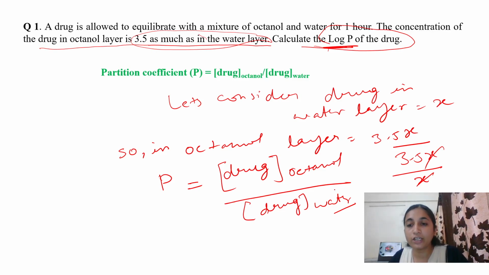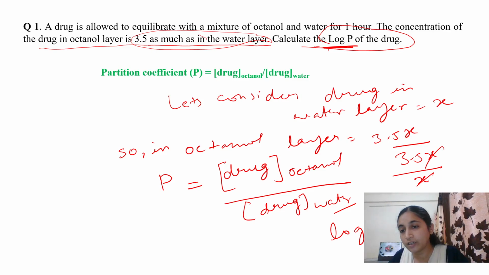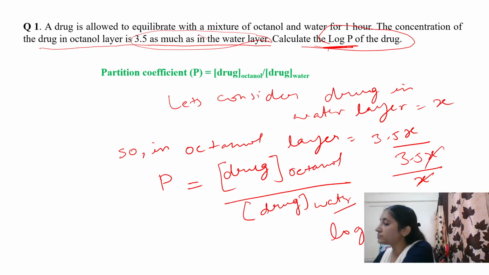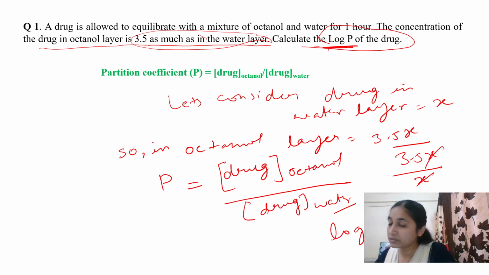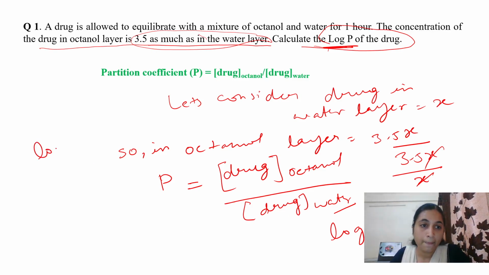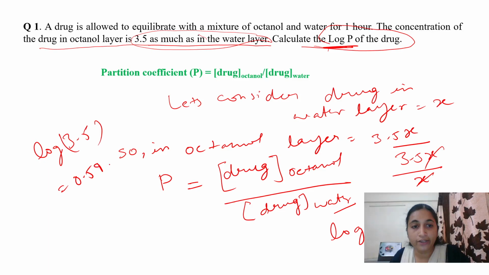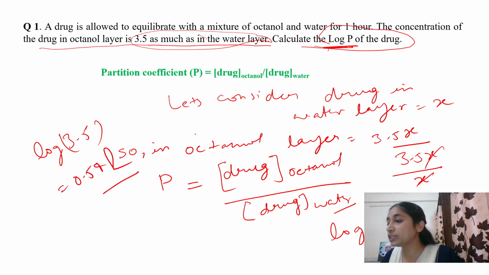They want us to calculate log P, so log P equals log 3.5. How much will it come? Log 3.5 equals 0.54. So the answer will be 0.54.